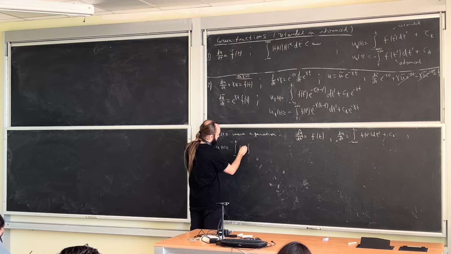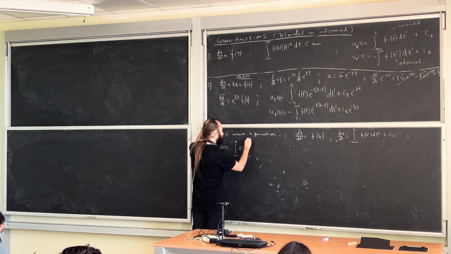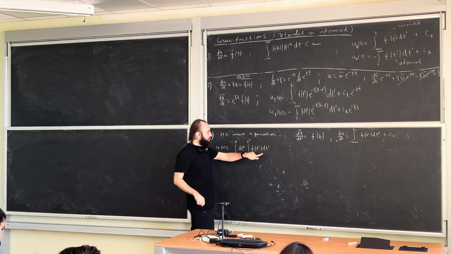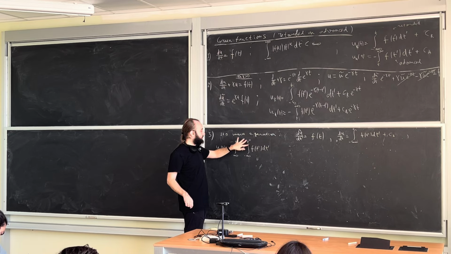Maybe let us use this variable, from minus infinity to t2 primes, f of t prime dt prime. So we are integrating in the variable t prime up to t2 primes, and then integrating in the variable t2 primes.